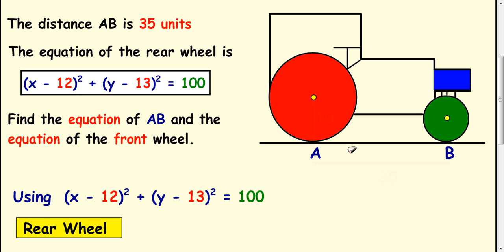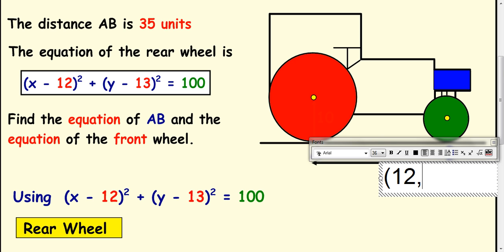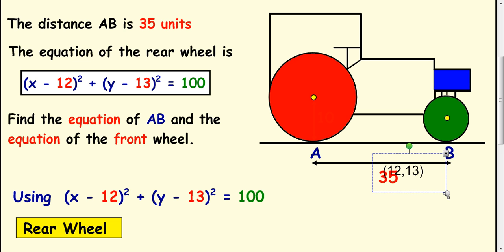The second bit is to try and work out the equation of the green wheel, or the front wheel. And to do that, we need the centre point and the radius. It's always the same for a circle. Now, we're told this distance here is 35, and we've already got this bit is (12, 13).